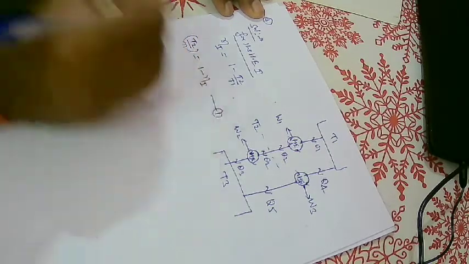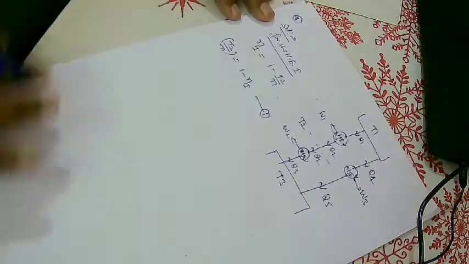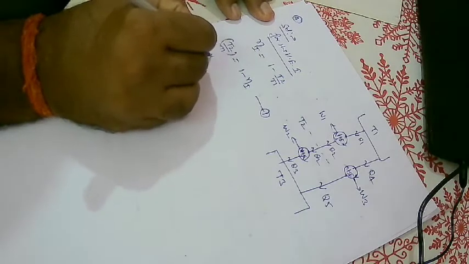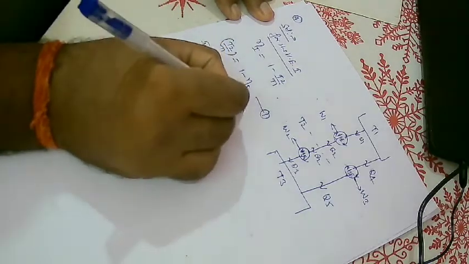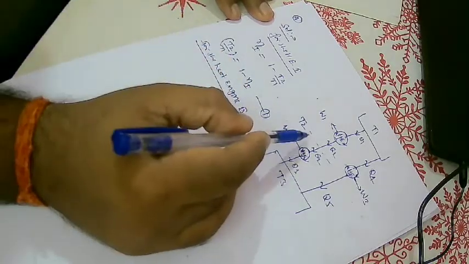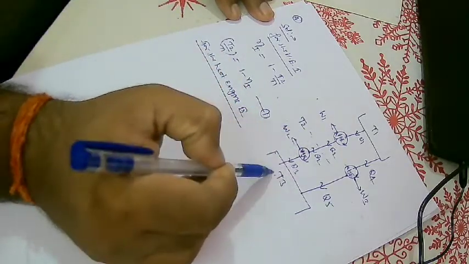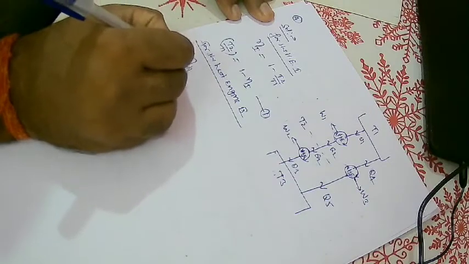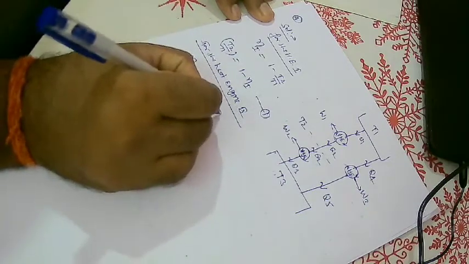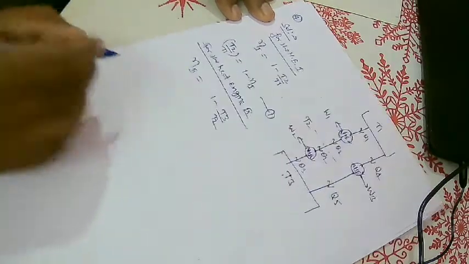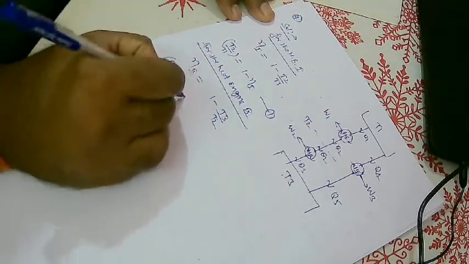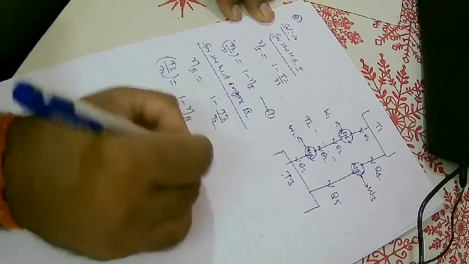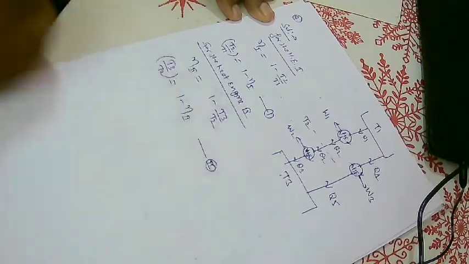This is equation number 1. Now for heat engine 2, operating between T2 and T3, efficiency 2 is equal to 1 minus T3 divided by T2. So T3 divided by T2 is 1 minus efficiency 2. This is equation number 2.